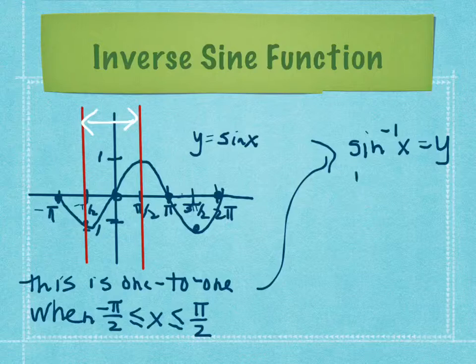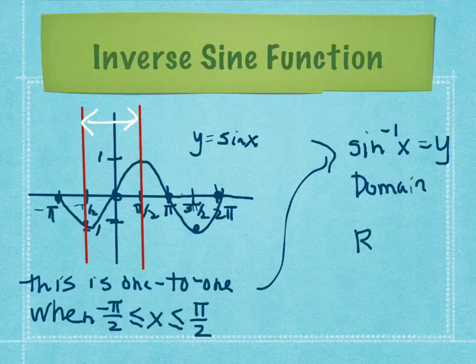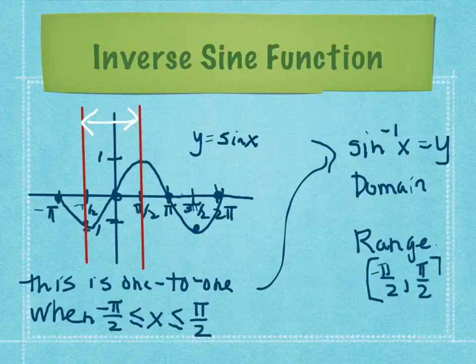So the domain for this new function up here, we'll get that one in a minute, but my range is negative pi halves to pi halves. Or you can write it as I did below down here, right? This is an interval notation. Sorry, this is an inequality notation. This one up here is an interval notation. My domain for sine between my red lines was negative pi halves to pi halves. So my range for inverse sine is negative pi halves to pi halves.